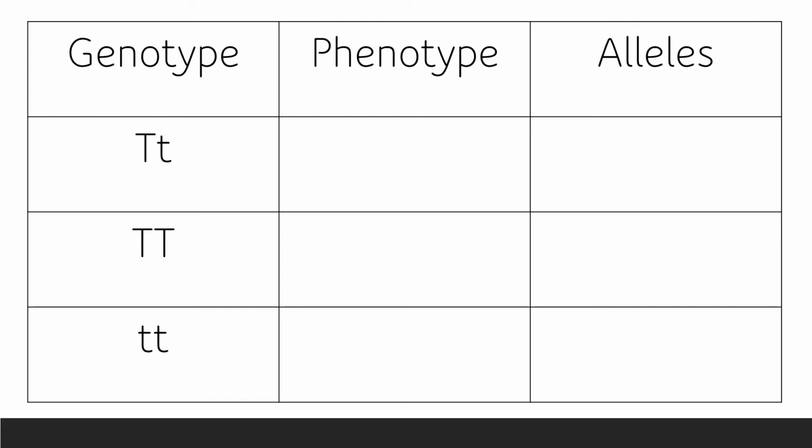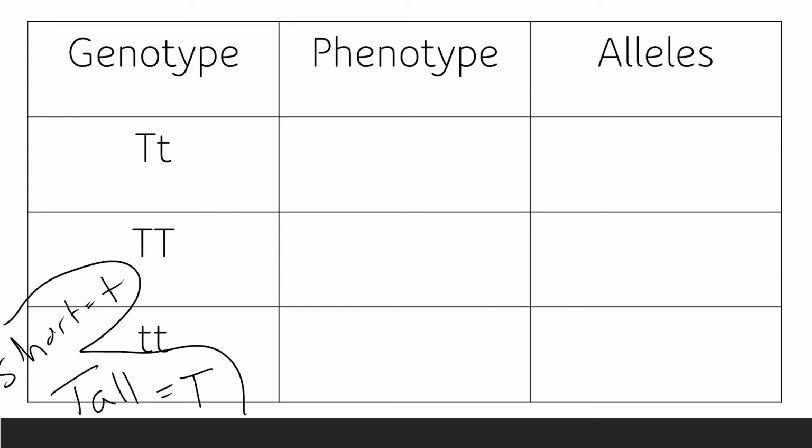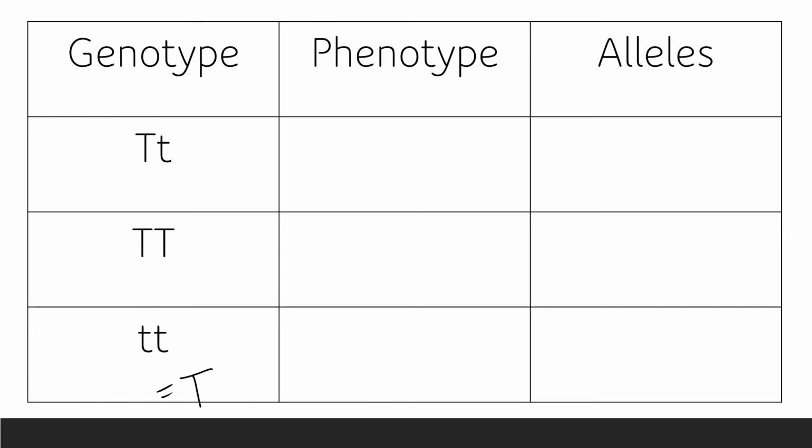So allele combinations are represented by letters. We're going to go through an example here. Let's say this T, this gene we're looking at, is height. So tall is going to equal capital T, and short is going to equal lowercase t. We'll put that over here. Now for here, we have our genotype.